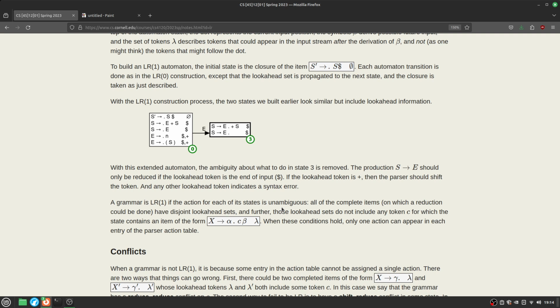Trying to decipher that. So a grammar is LR1 if the action of each of its states is unambiguous. All of the complete items on which a reduction could be done have disjoint look-ahead sets. And further, those look-ahead sets do not include any token C for which the state contains an item of the form.